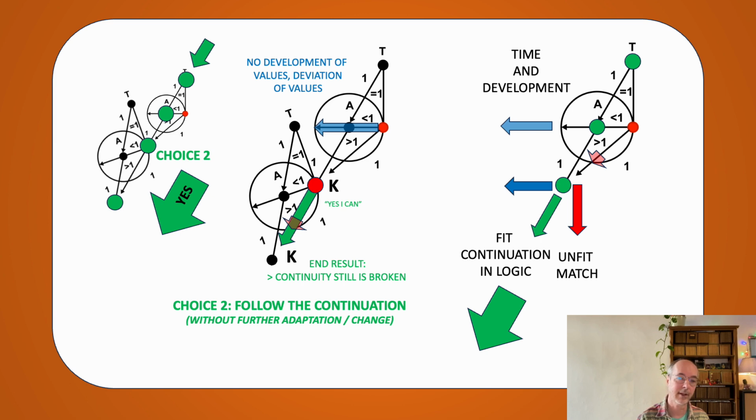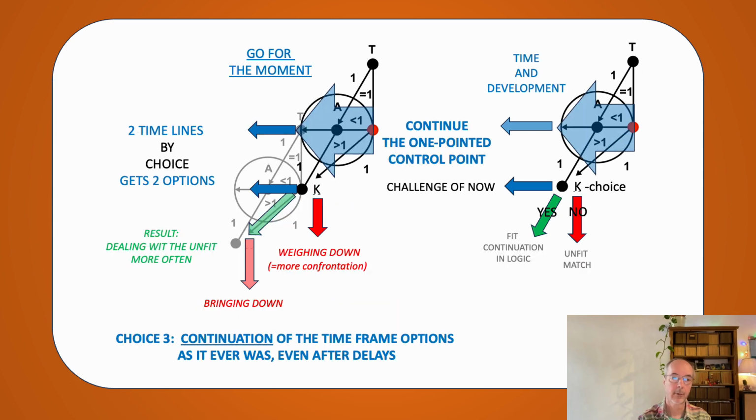Okay, let's see the next option. So we had 3 options. Either we would go for the no, which means that we will focus on what does not work, or we'll go for the yes, we'll focus on what works, or the third option is let's focus on what the moment gives.